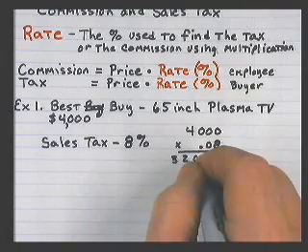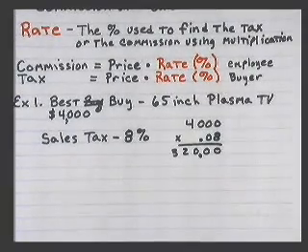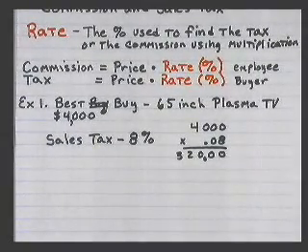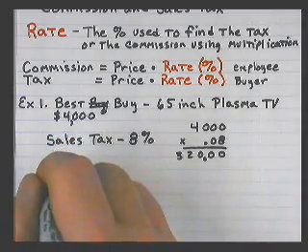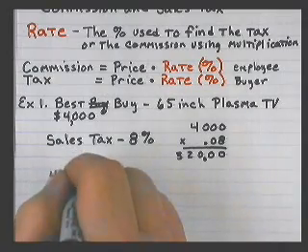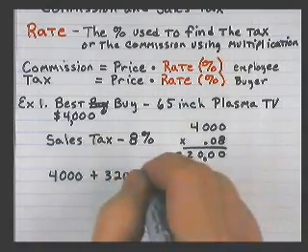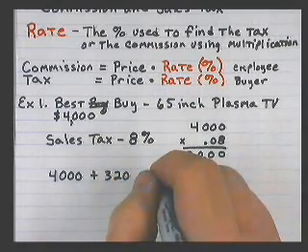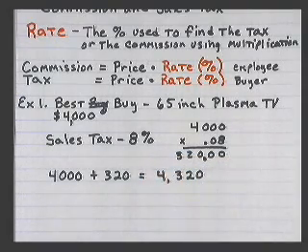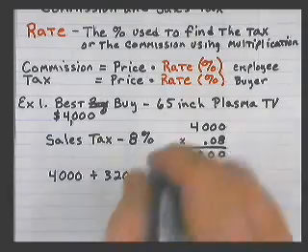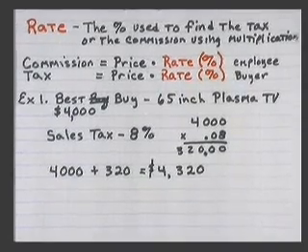Decimal comes over 2 places. $320 on sales tax. So you thought, oh man, I just come up with $4,000. Wrong. It's 4,000 plus 320 for a grand total of $4,320. That's what you're going to pay to buy that plasma TV.